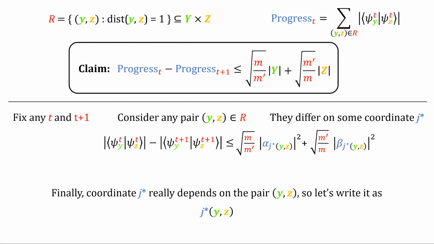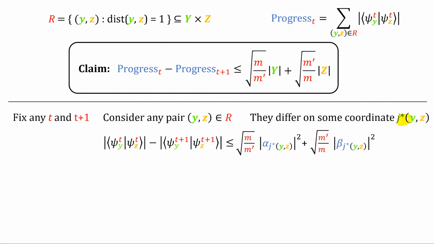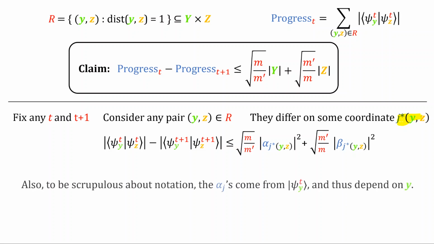So let's do that, and we'll now make this look even uglier by putting J star of Y and Z here. And I'll rewrite our assumptions up here. And in fact, even this is not fully notationally correct, because to be really scrupulous, these alphas are the amplitudes that are associated to the state of psi y at time t. So really the alphas depend on y.